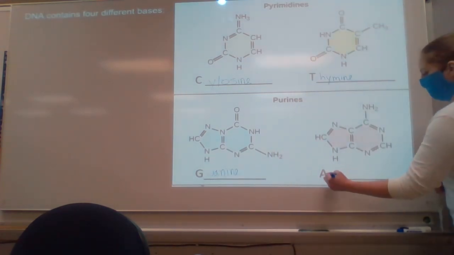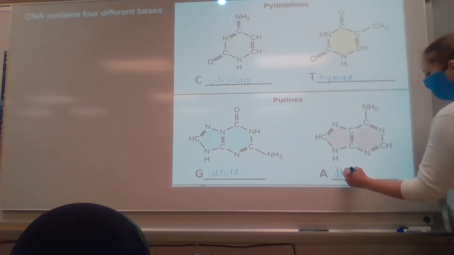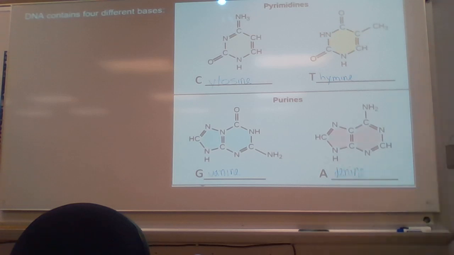And the A stands for adenine. In this particular diagram, cytosine and thymine are together because they fit into the category of pyrimidines. Guanine and adenine are together because they're both purines.